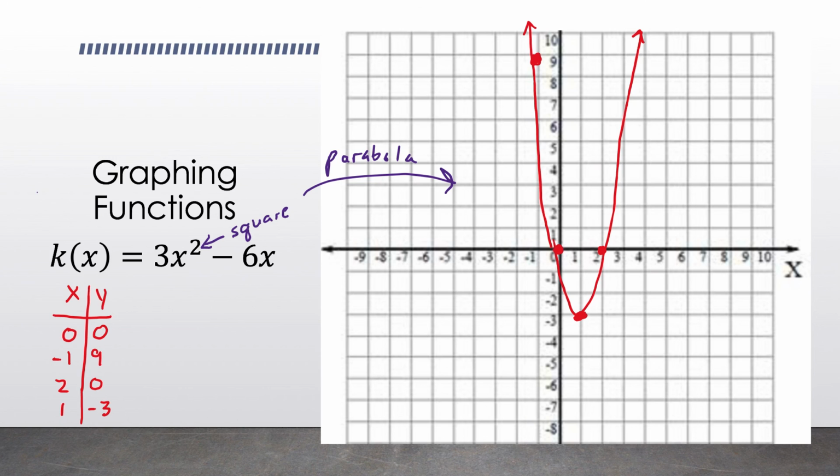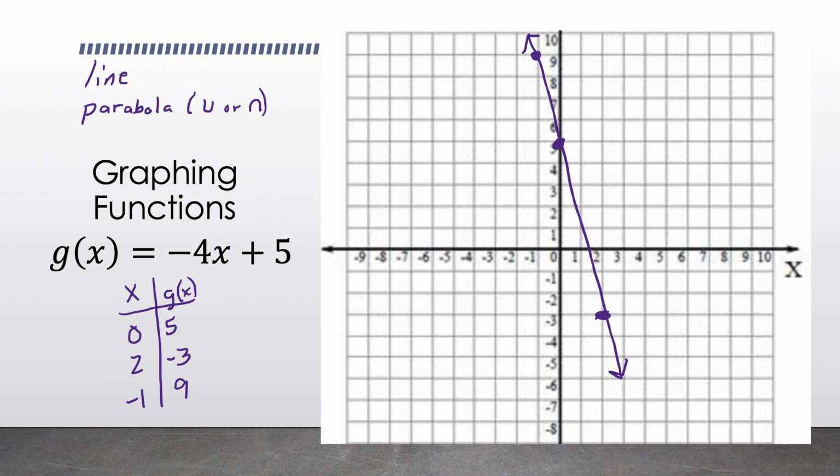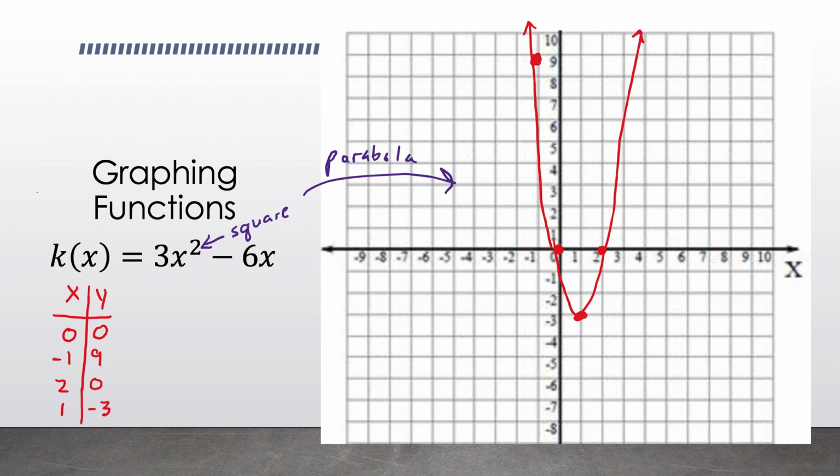If, as in the last example, we don't have a square, then the graph should be a line. And so that gives you sort of an easy way to determine whether you're going to be graphing a line or a parabola. If there's no square power in the function, it will be a line. If there is a square power in the function, then your graph should be a parabola.